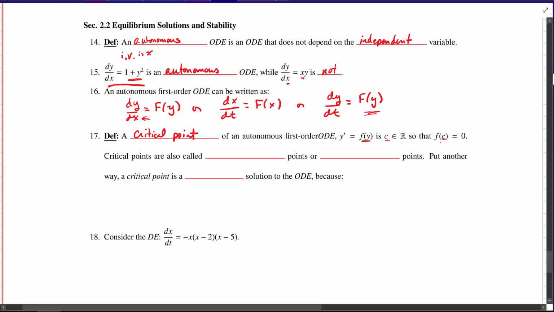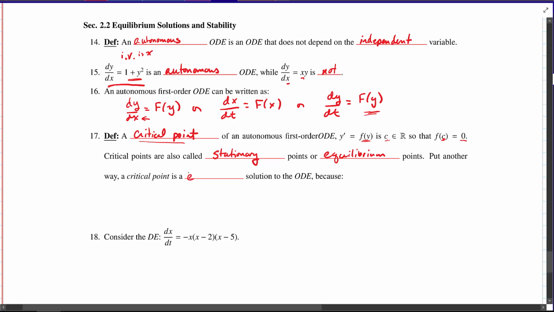If we plug in that value c so that it outputs a 0, then we're going to call that c value a critical point. By the way, critical points are also called stationary points, or they're called equilibrium points.